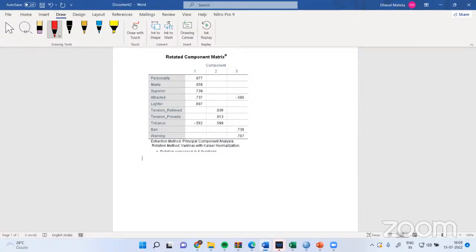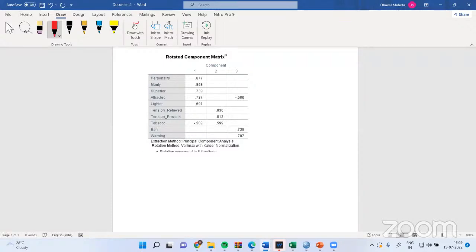Rotated component matrix. Done. Hello. Hello. Yes, sir. Done.